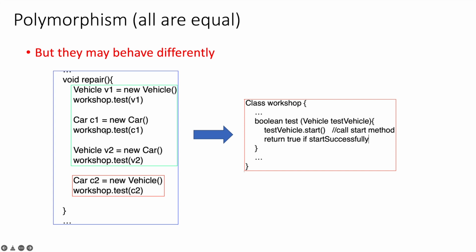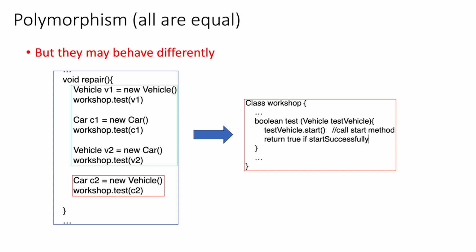So here appropriately you will observe car's instance will be used for calling the start method. Let us consider a third case. Let us think that vehicle v2 equal to new car. First of all, will this be allowed? Can an object of type car be pointed to by a reference of type vehicle? Yes, because car is a vehicle.